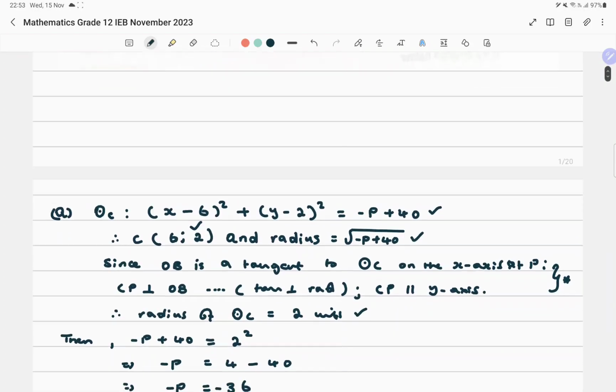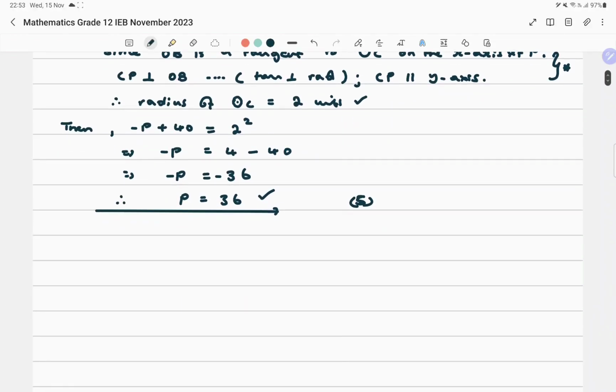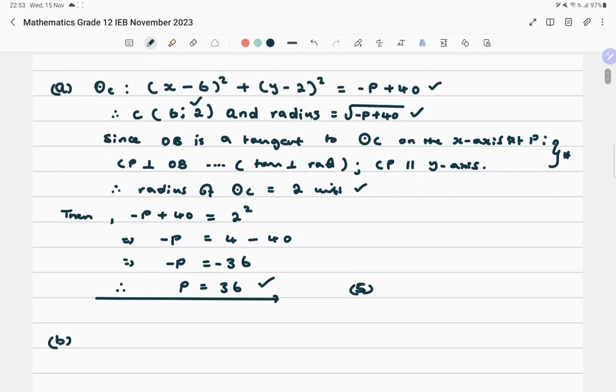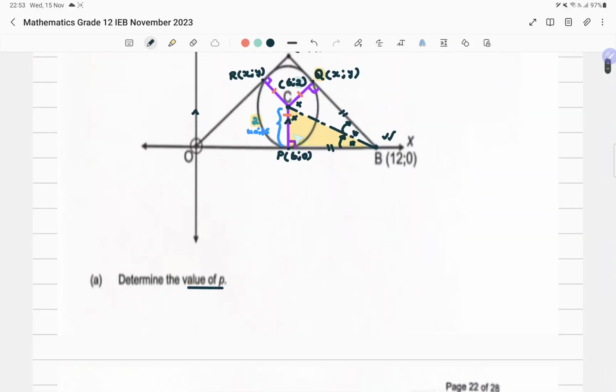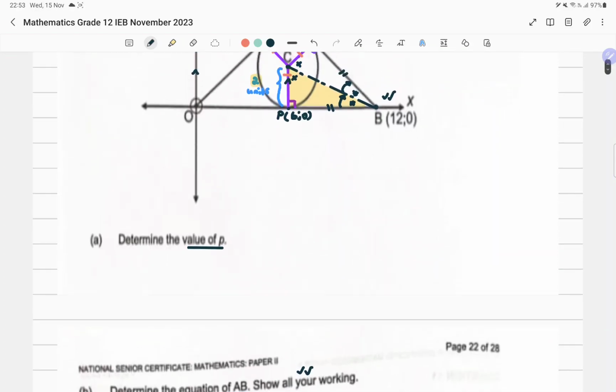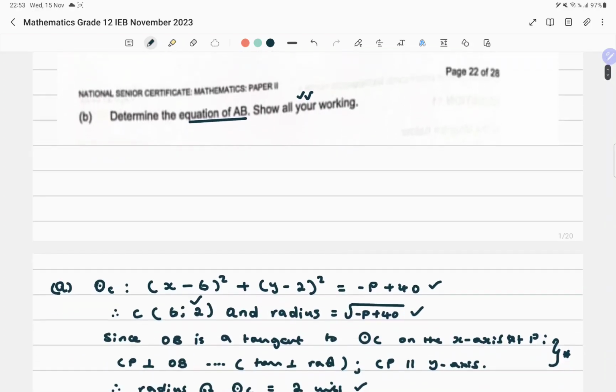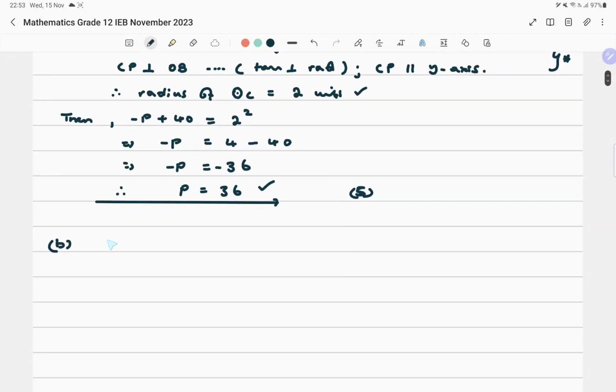Okay, so I can say here essentially, to answer my B, I'll start by naming the two equal parts. I can say CP is equal to CQ, as you can see on my diagram. Just say CP is equal to CQ. Why? These are the radii.